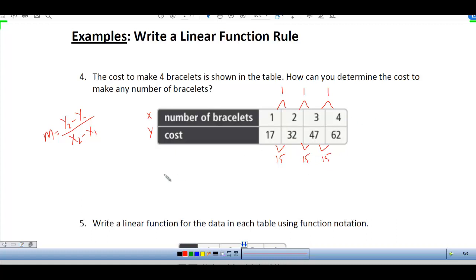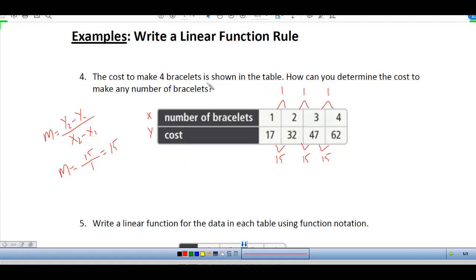So we see we have this constant change of y values, my output, of 15 over 1. So I have a rate of change, or a slope, of 15. In this particular problem, that's the cost of those bracelets as we move forward. For each one, it's costing me an additional $15.